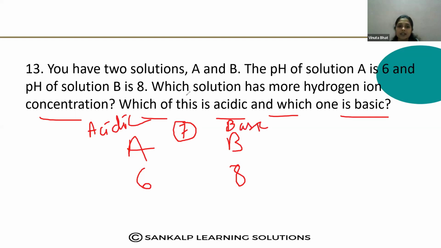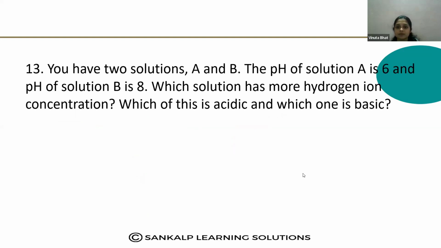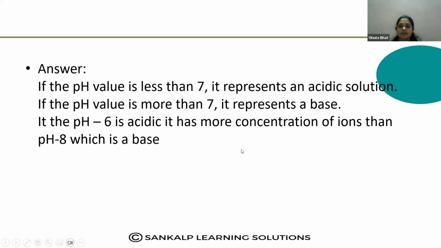So the acidic solution has the more hydrogen ion concentration, that is test tube A. Yes, this is the answer.